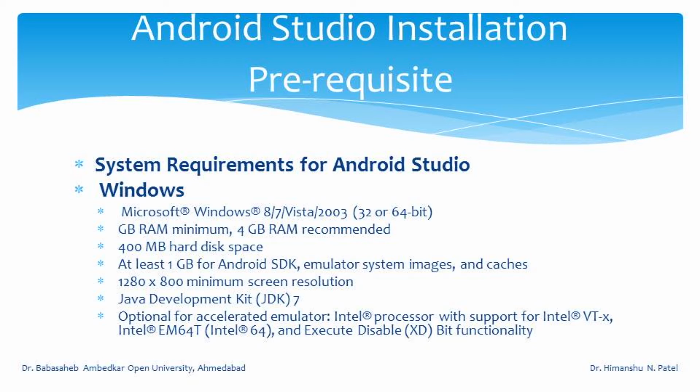You also require Java Development Kit or JDK 7 and above, and Intel processor with support for Intel VT-x, Intel EM64T and execute disable bit functionality, but these requirements are optional. So, in order to install Android Studio, you should have a system with this minimum requirement.